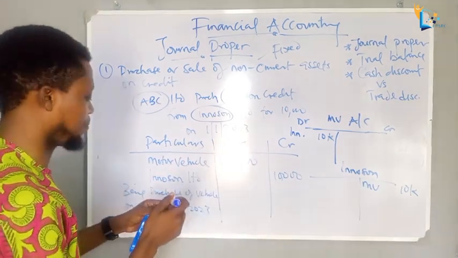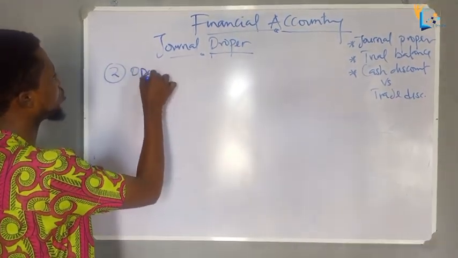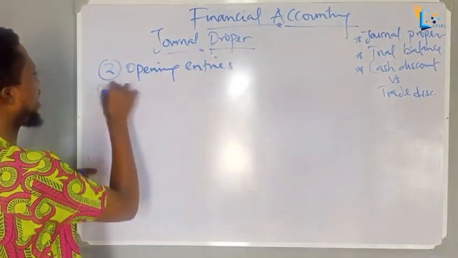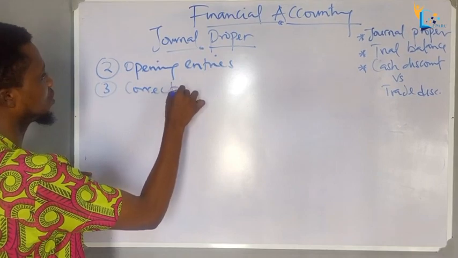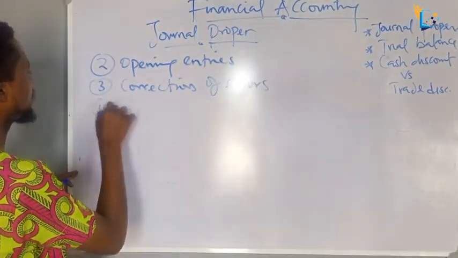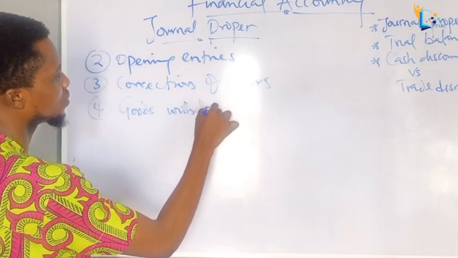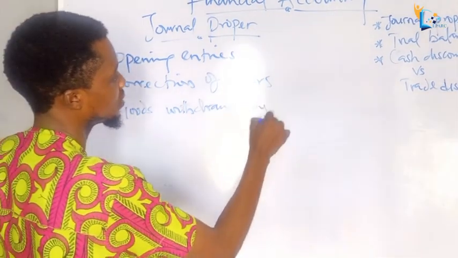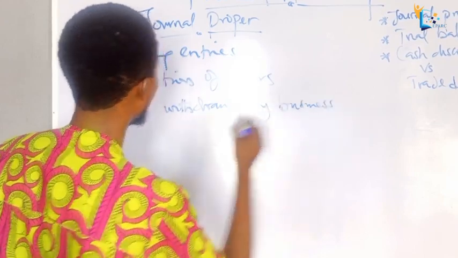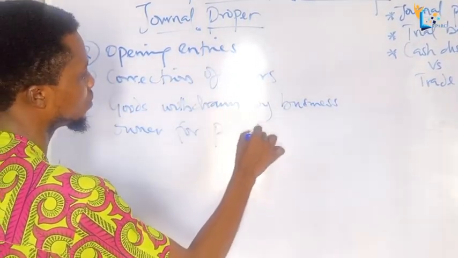Okay? All right. So, number 2, we have opening entries. Number 3, we have correction of errors. Number 4, we have goods withdrawn by business owner for personal use.